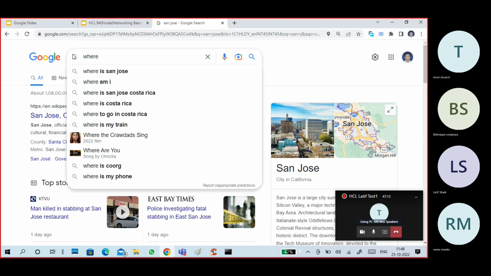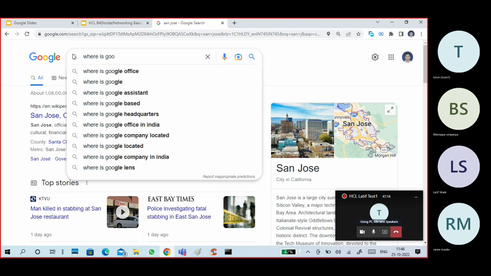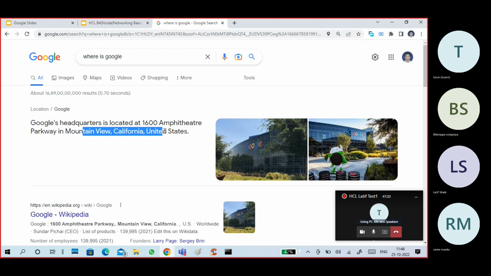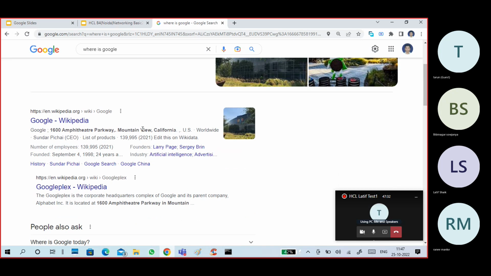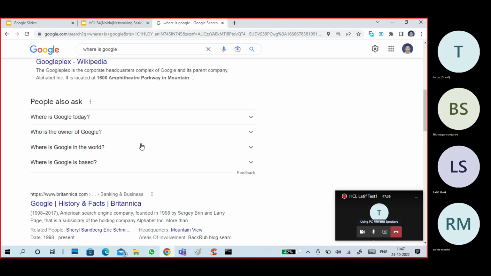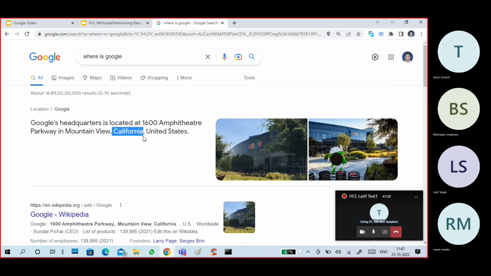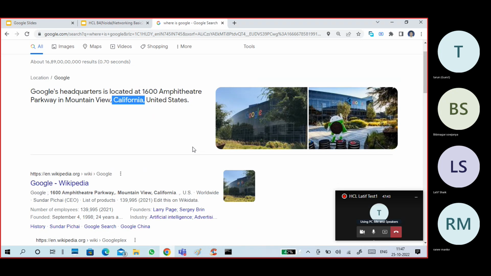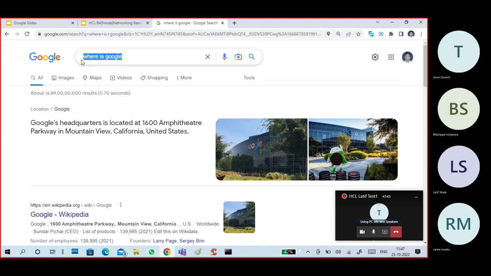Here is the Google server, near California. The Google headquarters is located at 1600 Amphitheatre Parkway, which is also in California, but the servers, when you try to find the location, where is it?